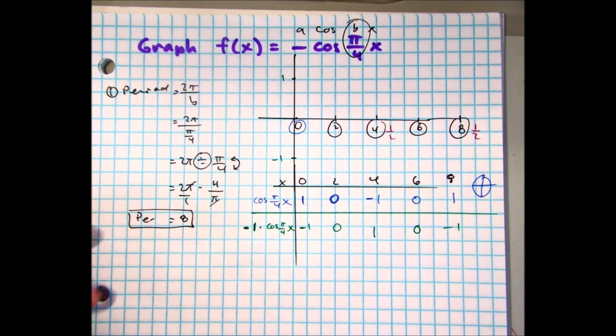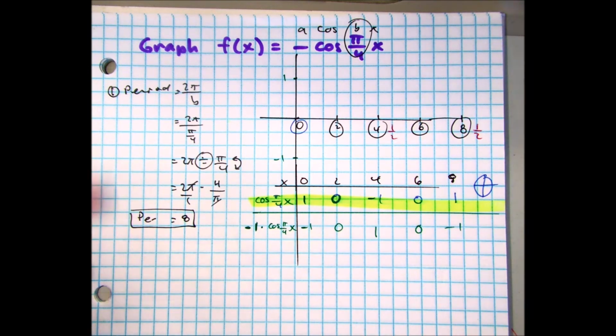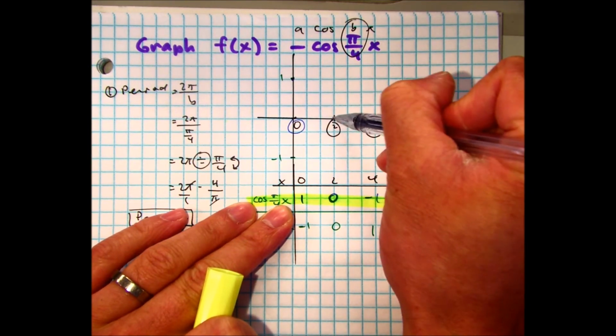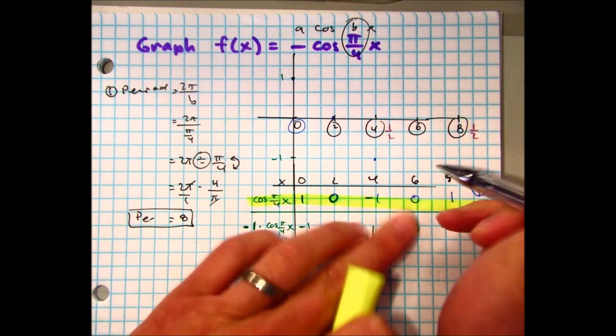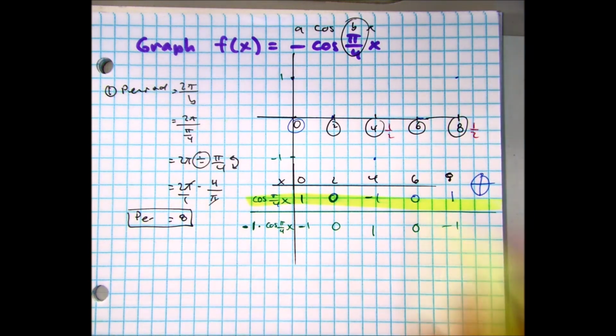I want to show you guys the parent function, so let me graph this one in yellow. This would be 1, 0, negative 1, 0, and 1. So my parent function will look like this.